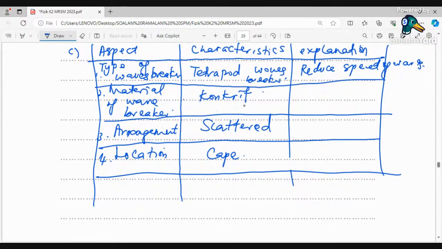Okay, material wave breaker, concrete, stronger. Tulis stronger je pun tak apa.